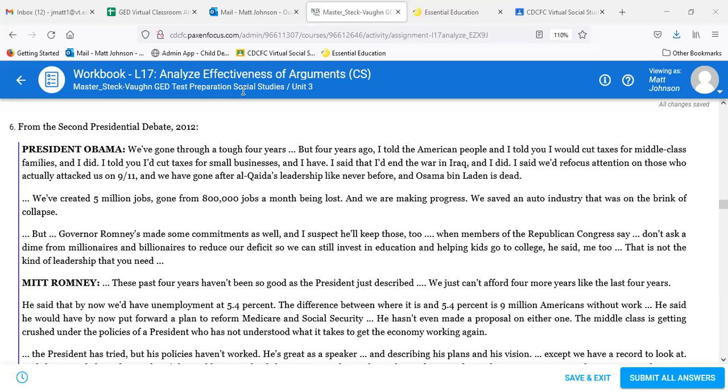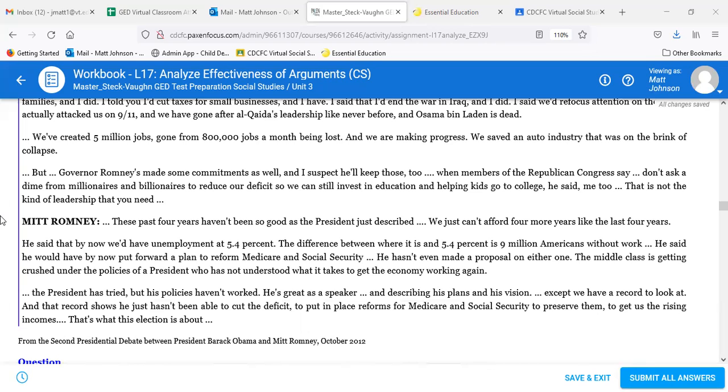He said that by now we'd have unemployment at 5.4%. The difference between where it is and 5.4% is 9 million Americans without work. He said he would have by now put forward a plan to reform Medicare and Social Security.